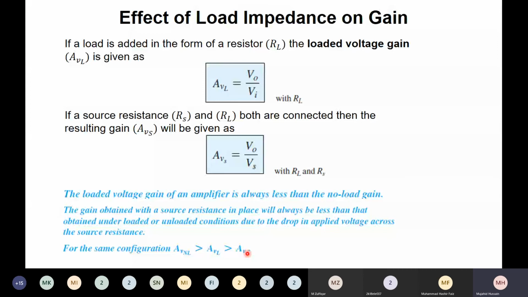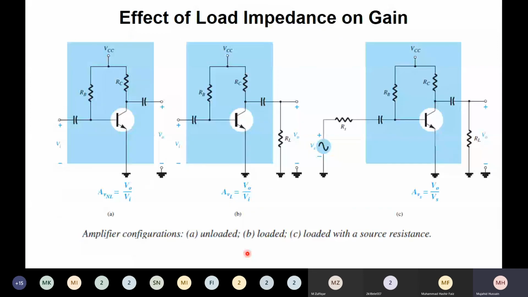The discussion we have seen in the last slides can be seen in the form of diagrams over here. In this first figure A, this amplifier configuration is an unloaded situation in which you can see that the output terminals have no load resistance. So the voltage is being measured directly at the output of the transistor, at the collector of the transistor.